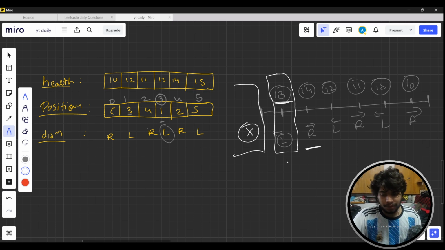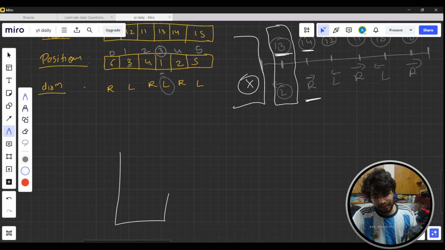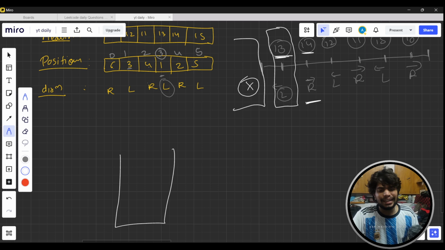Now I have this robot which has health 14. So what I can do is use a stack, store their values and compare.